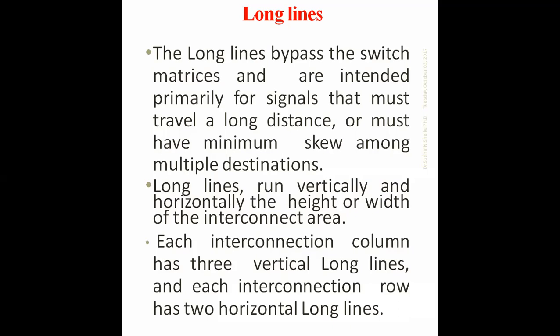Long lines run vertically and horizontally the height and width of the connect area, the same as the height and width of the CLB. Each interconnection column has 3 vertical long lines and each interconnection row has 2 horizontal long lines.